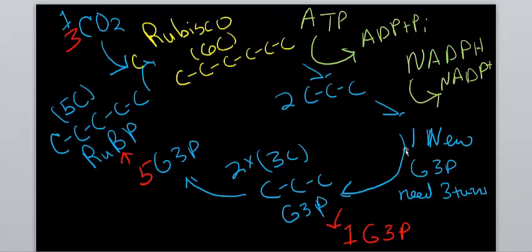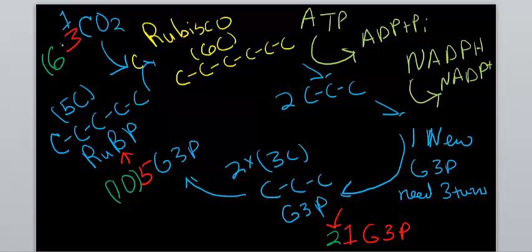So there, 3 turns. So if you do 6 turns, you would then have 2 new G3Ps. You would have 10 of these. That means you would make 6 new.